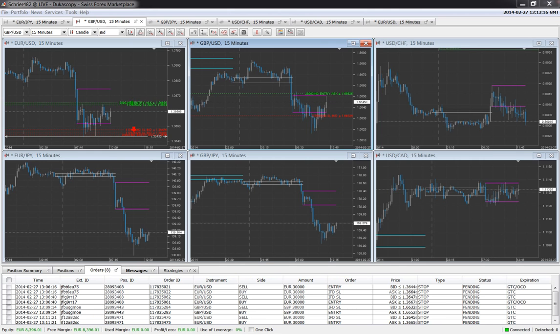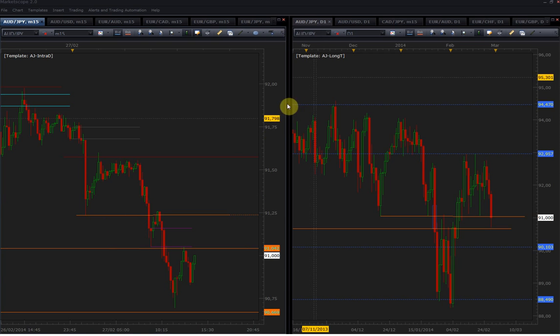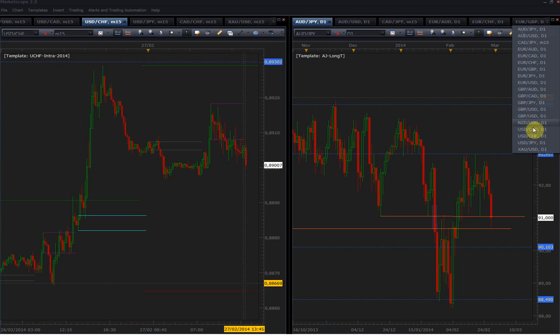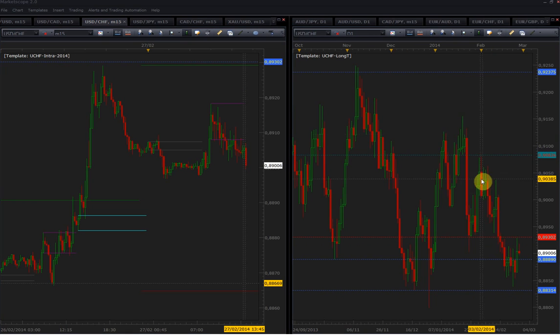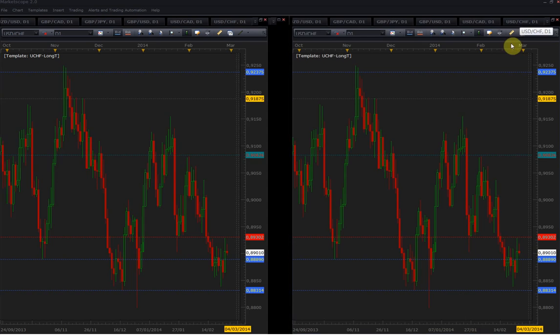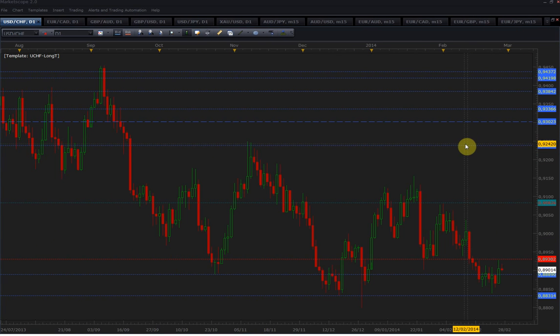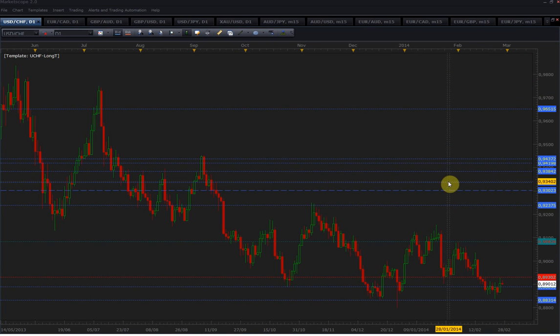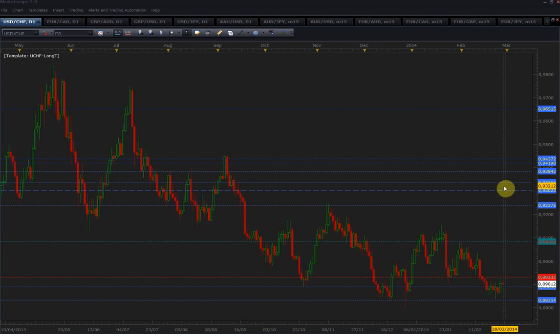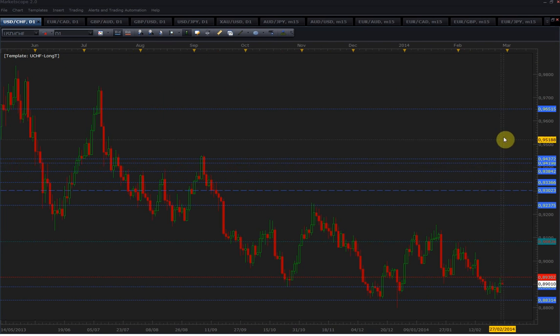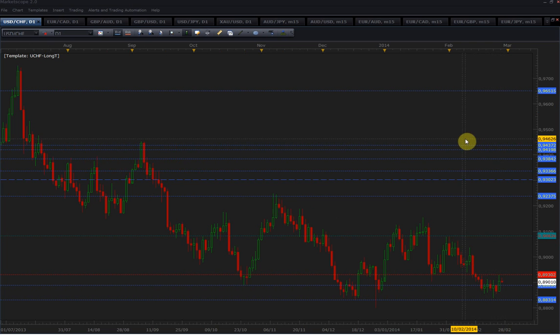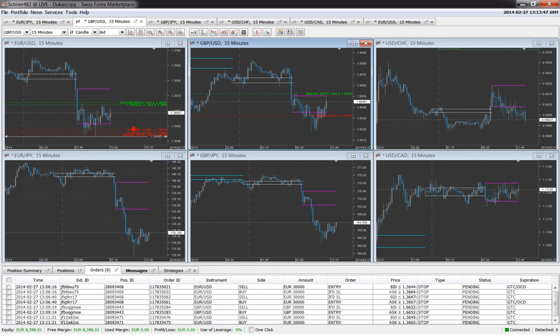Let's take a look at dollar Swiss. Joel, the thing is, you need to trade what is moving. Don't just marry any pair. Just trade what is moving. Don't marry any pair.